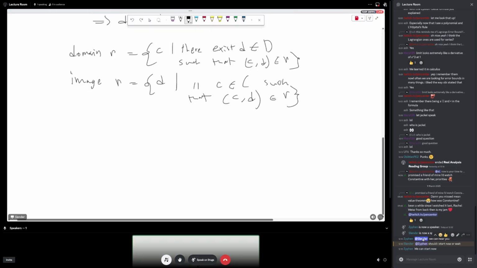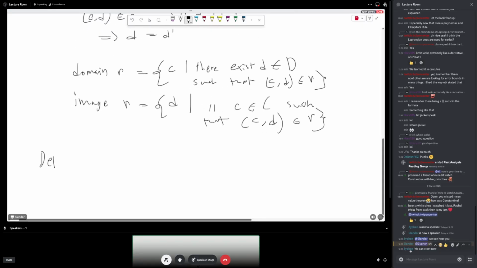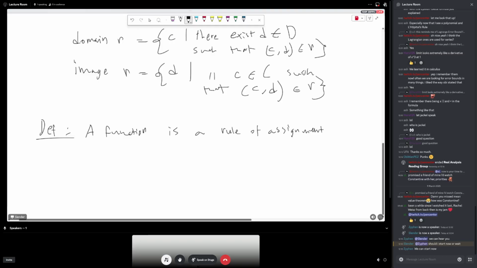Now using this, we can define what a function is. A function is a rule of assignment, and we denote a function like this.